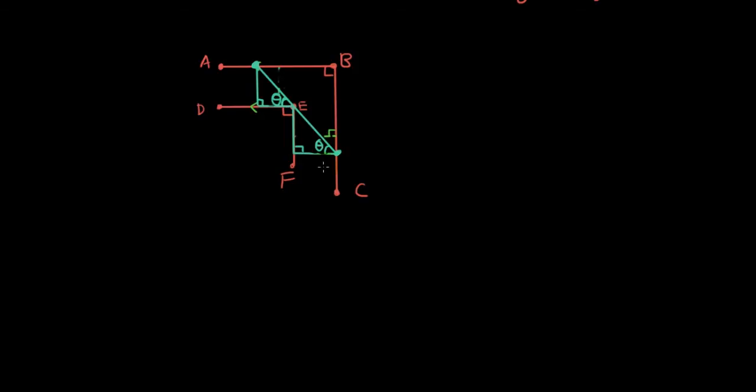How do we know that they're similar? Because we have a diagonal line going through point E, and we know that both of these horizontal lines are parallel. So these two angles must be the same. Corresponding angles are equal. So that's why those two angles are the same.